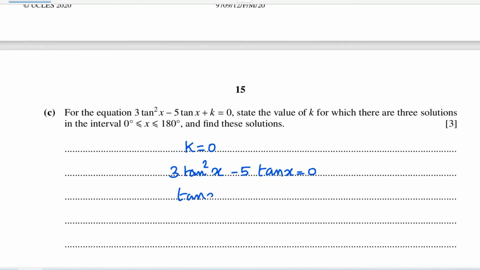Take out tan x commonly, you will get tan x times 3 tan x minus 5 equal to 0. So tan x equal to 0 or 3 tan x minus 5 equal to 0.